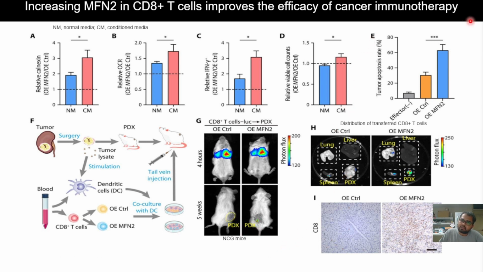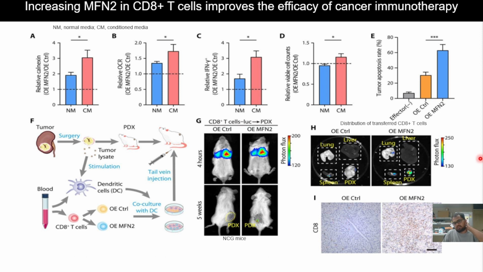And they also checked the tumor apoptosis rate. So in the mice which are injected with this OE-MFN2, or the high MFN2-expressing CD8 T cells, there is more tumor apoptosis. It means that these cells are more efficient at killing the tumor cells. And further, they validated this OE-MFN2 expression. Here you can see there is more MFN2 expression in these CD8 T cells compared to the control.